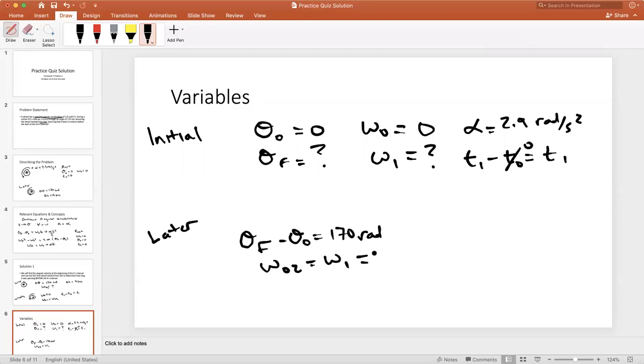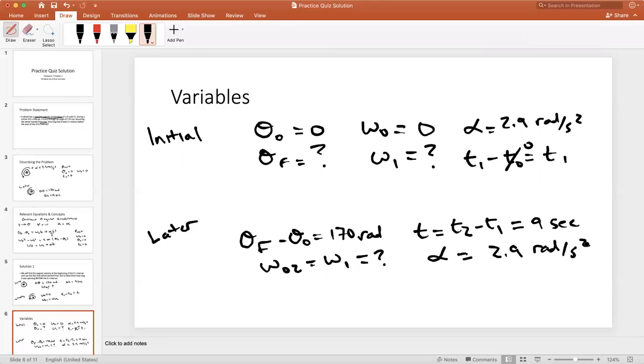I do not know what this is. I need to figure it out. That's what I need to find. And I know that my time is t2 minus t1, which is 9 seconds. And I know alpha is 2.9 radians per second squared. So those are my variables.